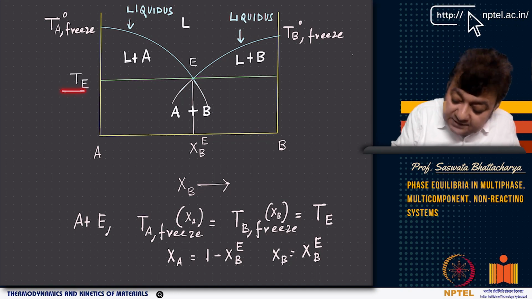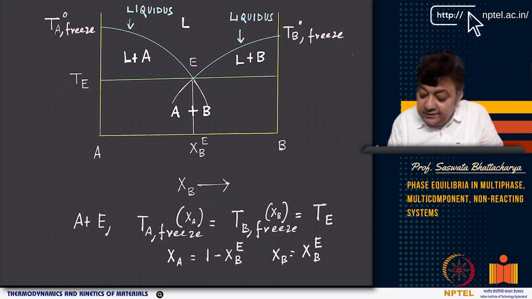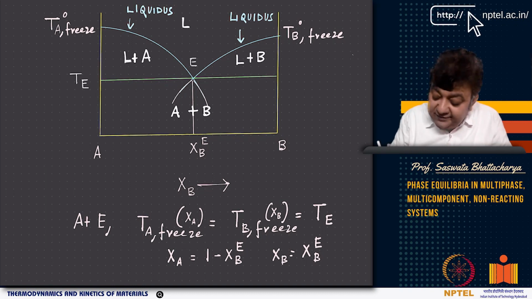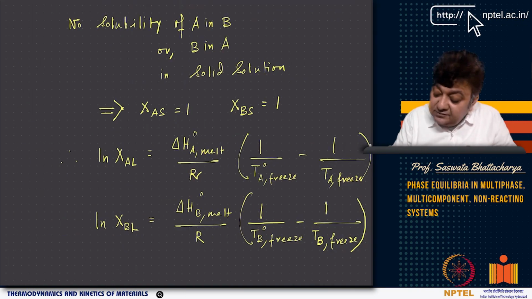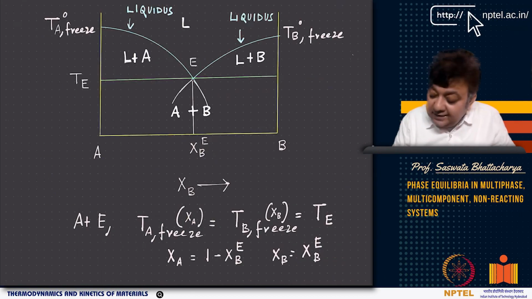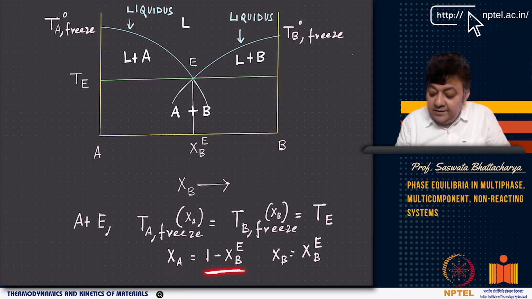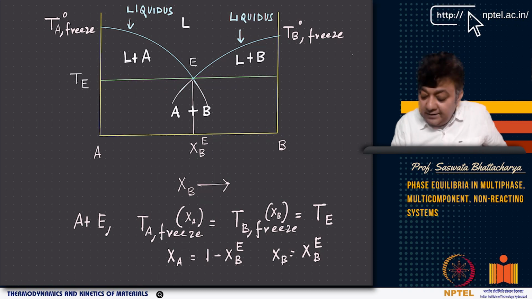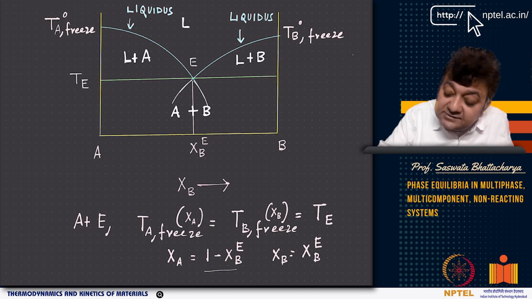This is a special point, or a special line, called the eutectic point. At the eutectic point, TA freeze and TB freeze in these equations become equal, and that is the eutectic temperature. And you have XA, which is 1 minus XB at the eutectic temperature, so XA is nothing but 1 minus XBE.